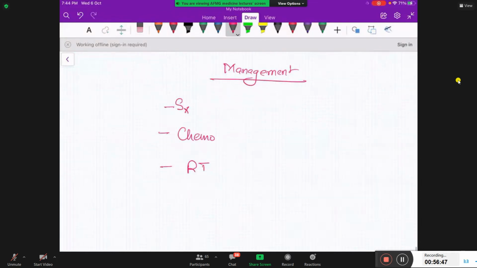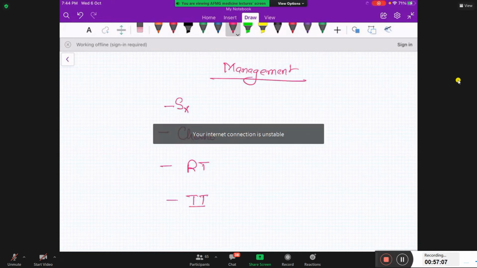We also have the option of target therapy. In management of a patient of carcinoma breast, we have the option of chemo, we have the option of radio, and we also have the option of target therapy.